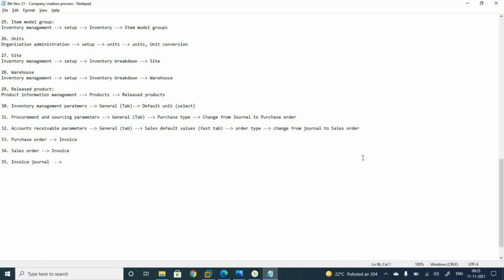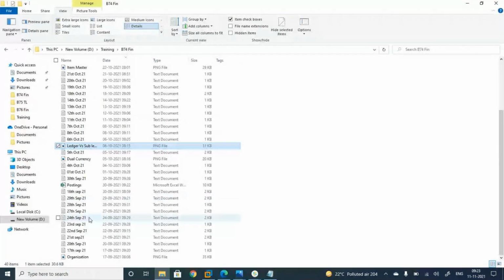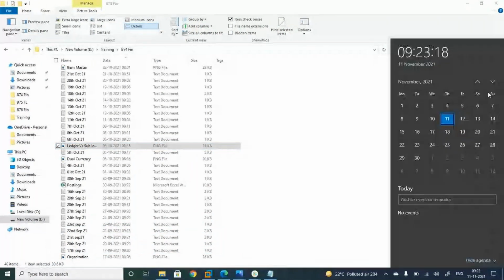My target is that you learn, practice, and come back to me. This batch started on 17th September and may run to the 2nd week of December, around December 10th, which is almost 3 months.